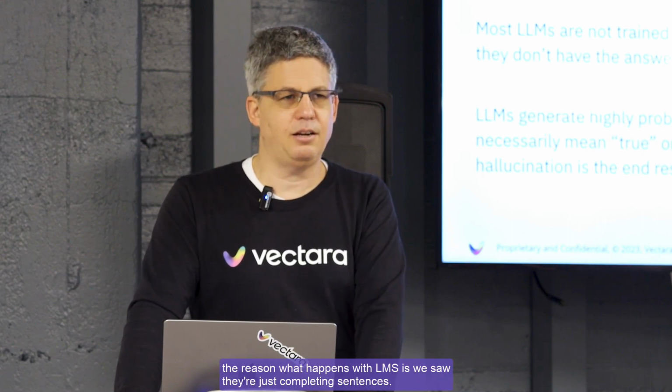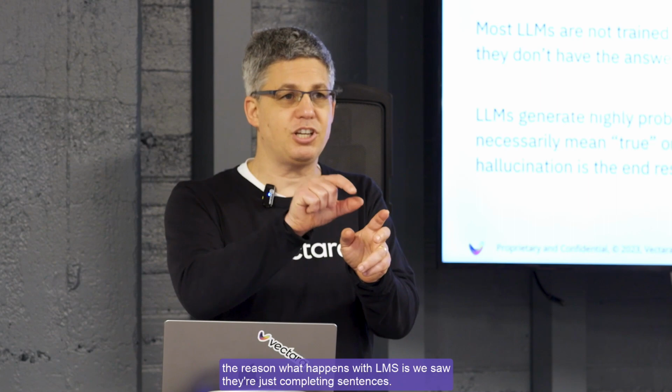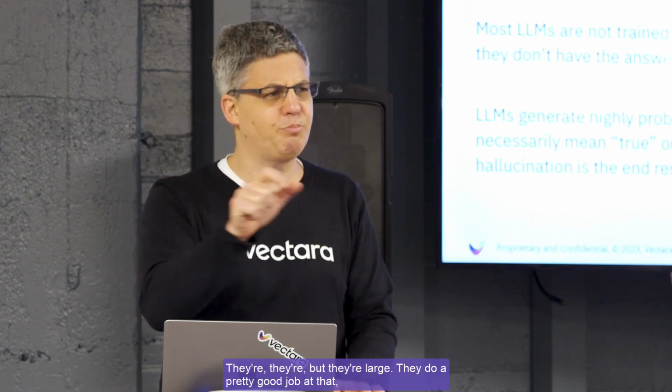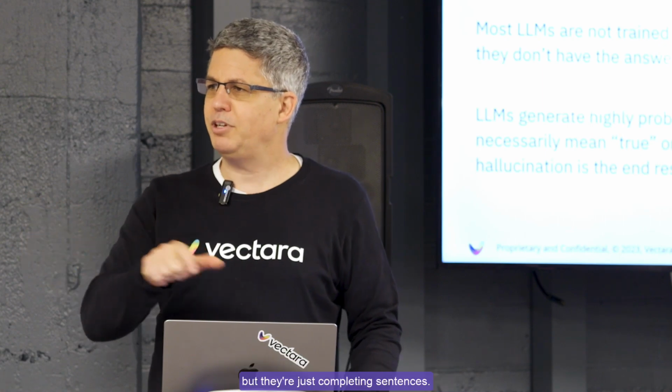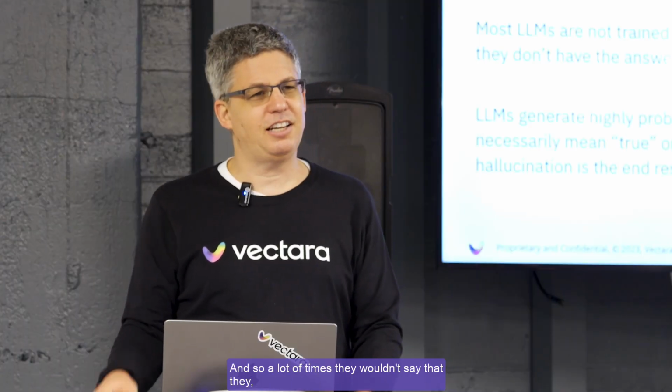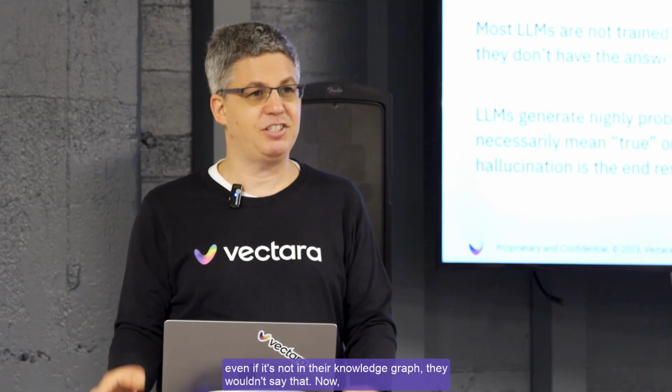The reason, what happens with LLMs, is we saw they're just completing sentences. They're large, and they do a pretty good job at that, but they're just completing sentences. So they're not trained to think about the question and create a response. Therefore, they're not trained to say I don't know, and a lot of times they wouldn't say that, even if it's not in their knowledge graph.